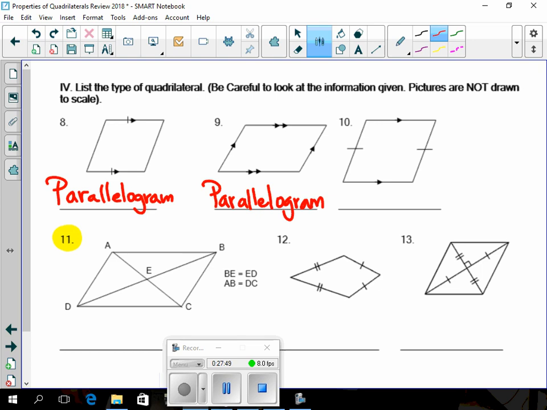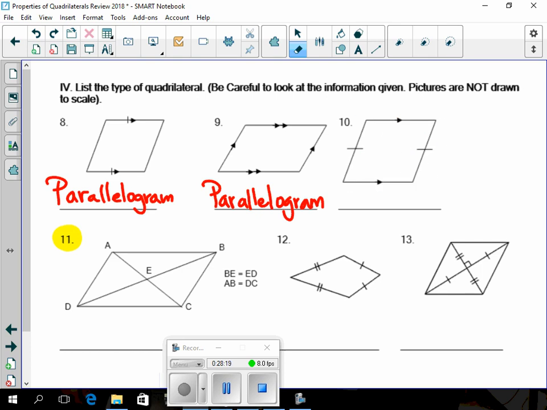Okay? Number 10. This one is different. Good. I saw lots of different things as I walked around. This one, we have one pair of, it's not drawn to scale, by the way, folks. If we know for a fact that these two are parallel, and I know for a fact that these two are congruent, okay?